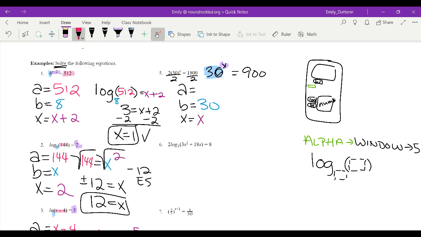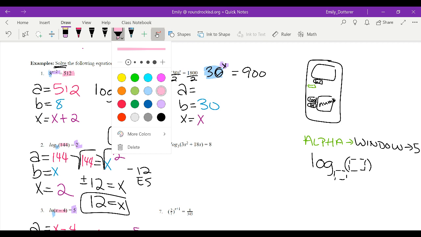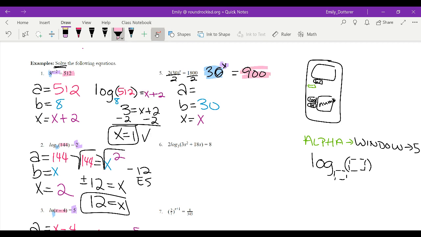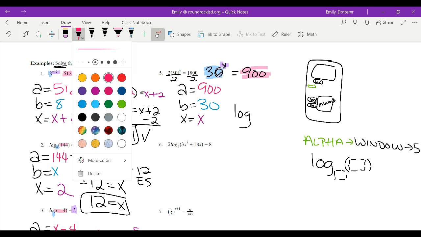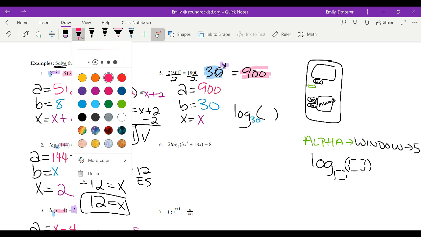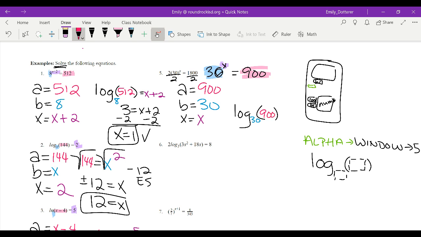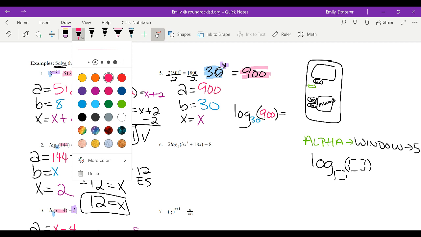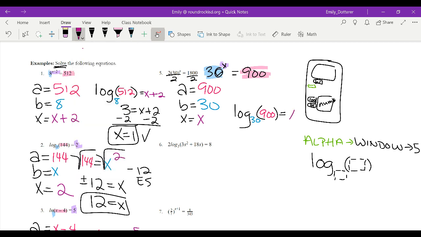And a is 900. So log base 30 of 900 equals x.